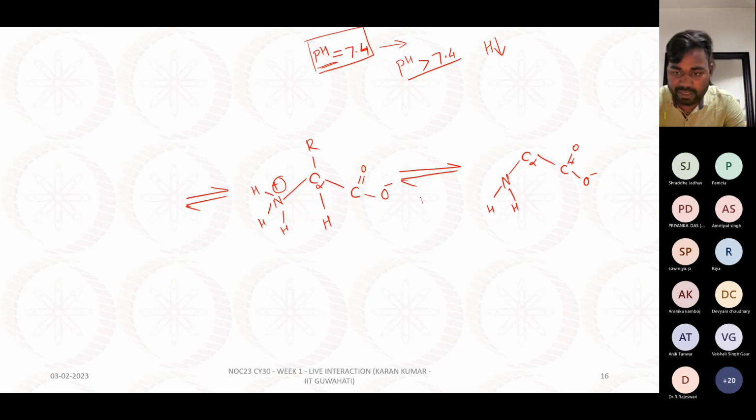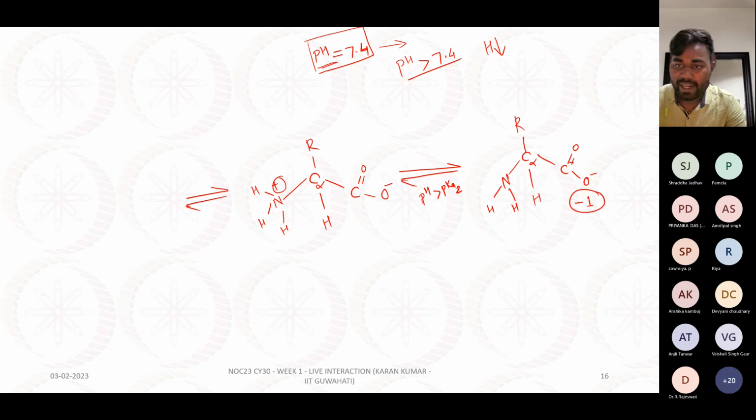Because at pH greater than pKa2, pKa2 is the pH value when the alpha amino group also loses its proton. So in that case, the amino acid will exist in a negatively charged form, because there is no charge on the amino group, but at the carboxylic carbon there is one negative charge, so it is -1.